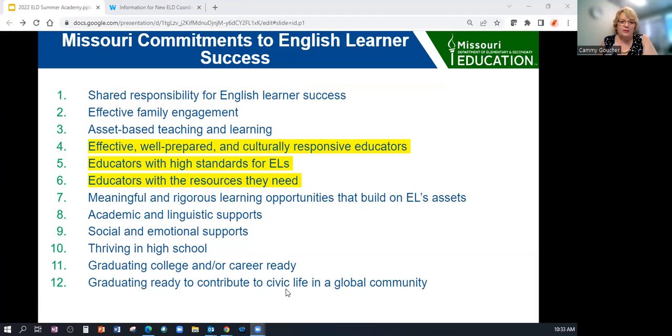Each time I do a presentation, I try to highlight which areas we're going to discuss, and today we're going to look at the middle three, numbers 4, 5, and 6, which is directed at getting educators where they need to be, where they can serve our English learners in a better capacity. So we're going to look at effective, well-prepared, and culturally responsive educators, high standards for English learners, and providing you with some of the resources that you need.